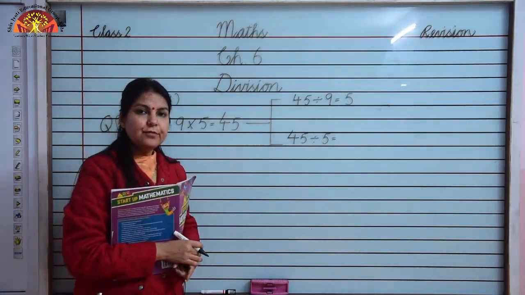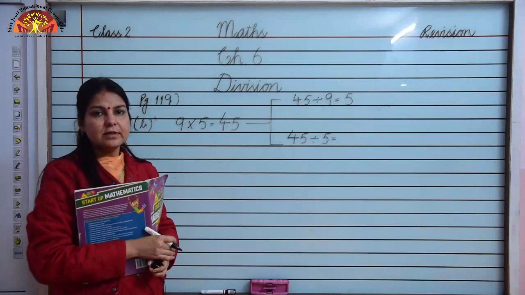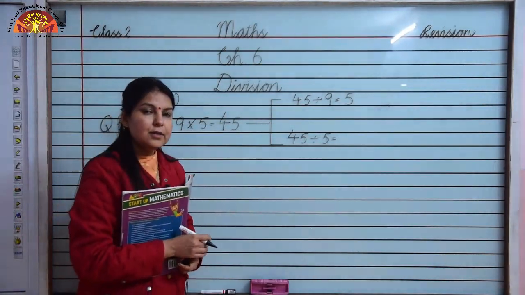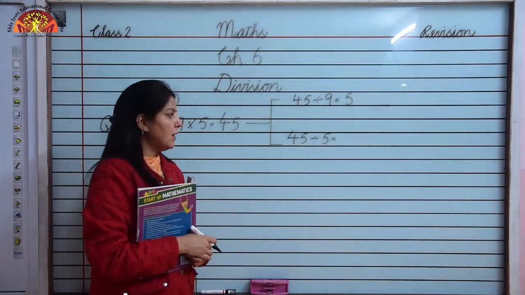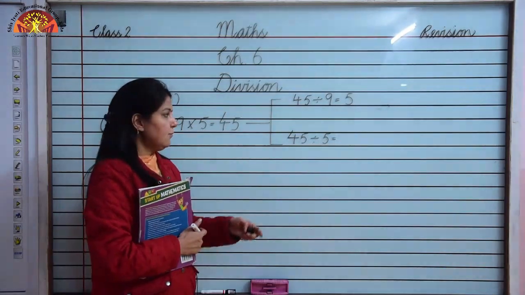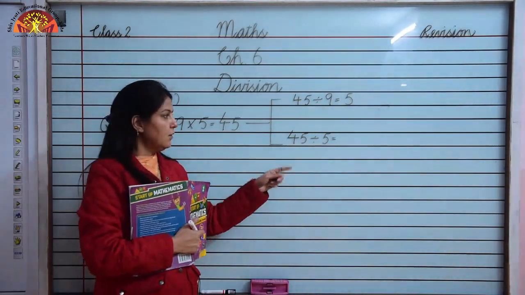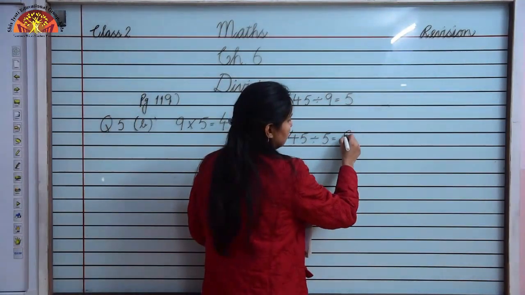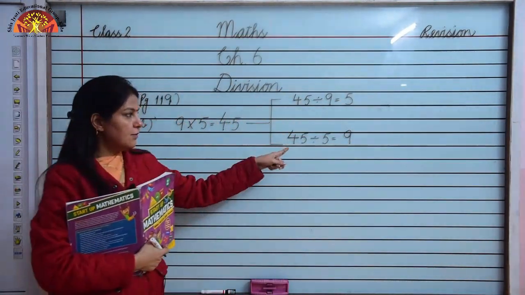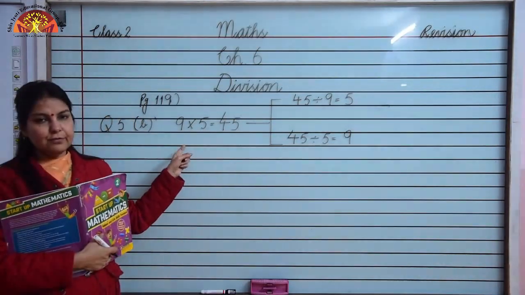So 5 ones are 5, 5 twos are 10, 5 threes are 15, 5 fours are 20, 5 fives are 25, 5 sixes are 30, 5 sevens are 35, 5 eights are 40 and 5 nines are 45. These are 2 division facts of this multiplication fact.